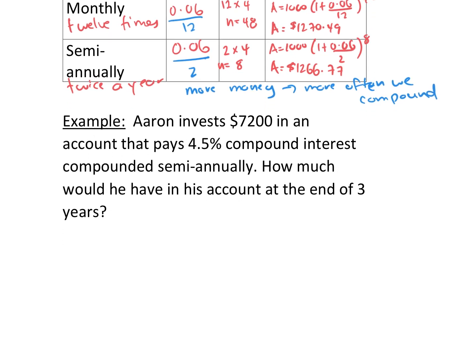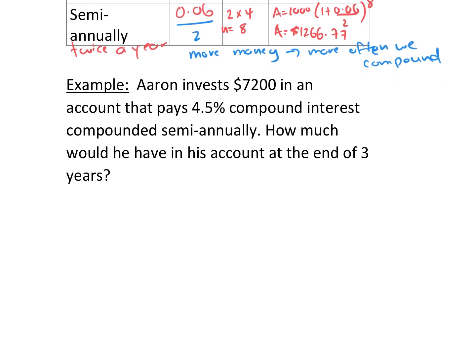Okay, in this example, we have Aaron investing $7,200 at 4.5% interest compounded semi-annually. So I know it's compound interest because I see the word compounded, and it's twice a year. How much would he have in his account at the end of 3 years? My interest rate is 4.5%. I'm going to divide that by 100 to change it to a decimal.